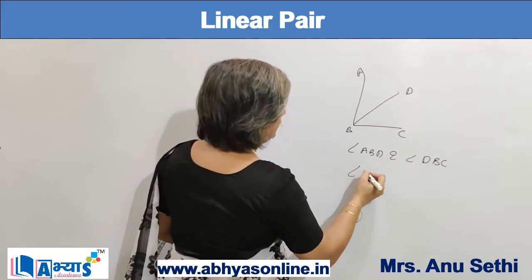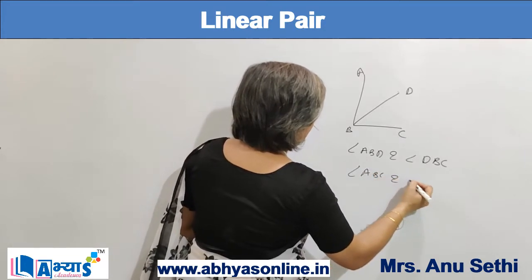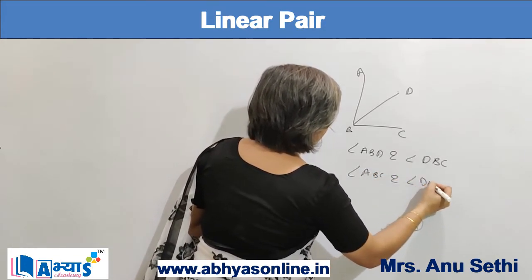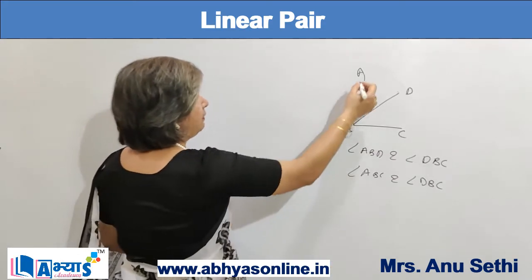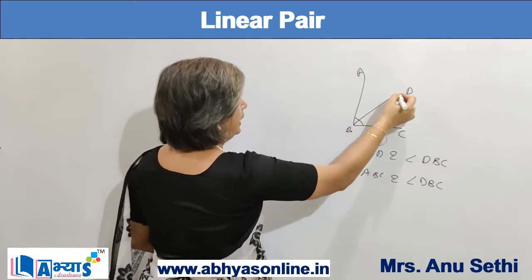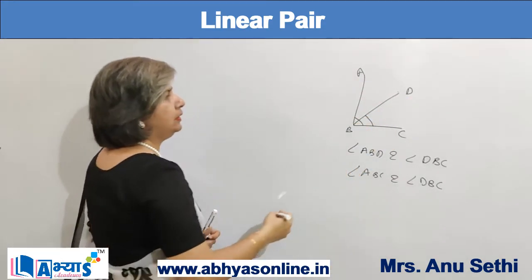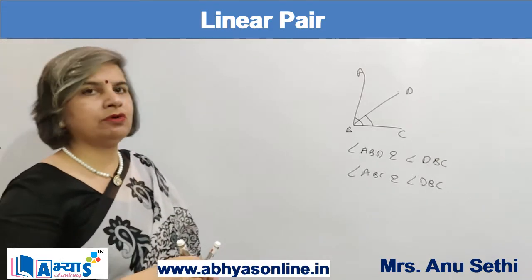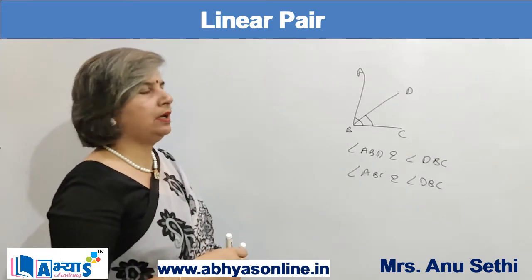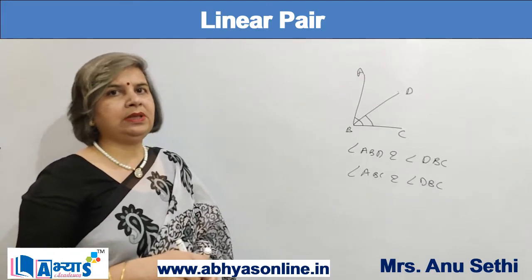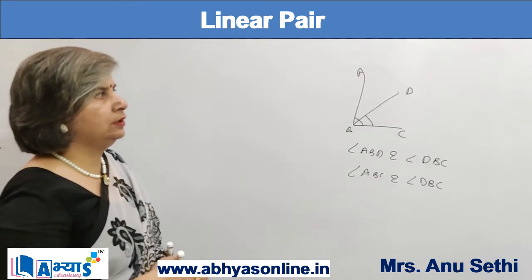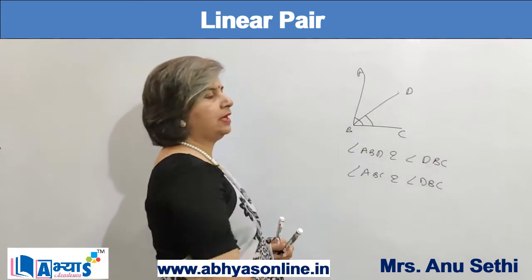Similarly, if we have angle ABC and angle DBC, in this case ABC is the whole angle and DBC is this angle. Even in this case the two angles have a common vertex, a common arm and one non-common arm, but they are not adjacent angles because the non-common arms are on the same side of BC.